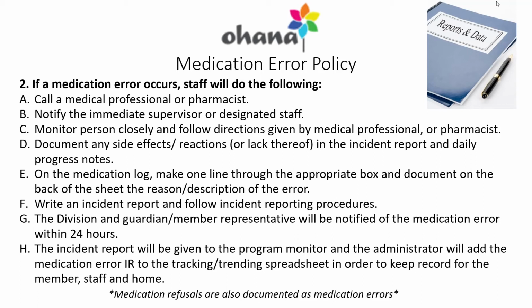H, the incident report will be given to the program monitor, and the administrator will add the medication error to the tracking and trending spreadsheet in order to keep record for the member, the staff, and the home. So when you write your medication error incident report, it's very important that you send it, one, to your house manager, and second, to any other staff who you've been instructed to send it to.